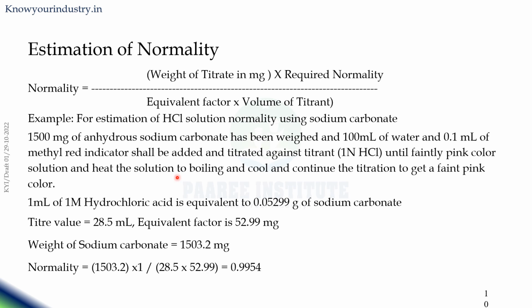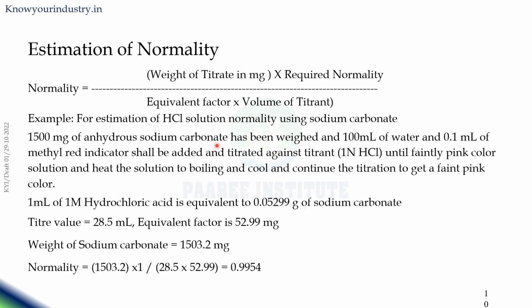For that, you use a formula: the weight of the titrant, the compound you use to titrate your hydrochloric acid solution, then the required normality, which is 1, the equivalent factor, and the volume of titrant.